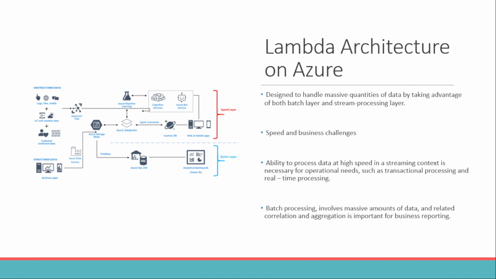Lambda architecture on Azure overall can help to enhance speed and address business challenges, since both the batch and serving layers can be loaded into Azure Cosmos DB, where the master data set could involve immutable, append-only data.